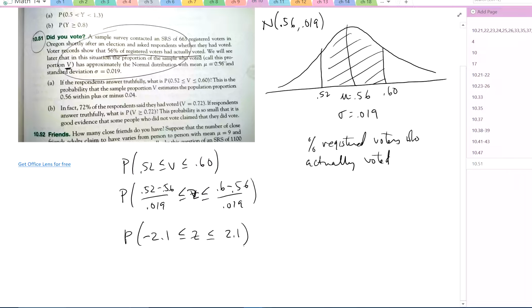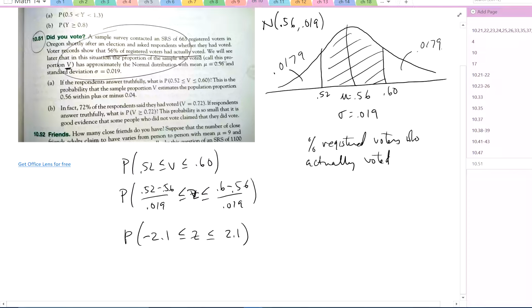Okay, so I'm going to look this up on the table in the back. If I look up negative 2.1, the area to the left, this area over here, is 0.0179. That means this area is 0.0179 because it's symmetric.